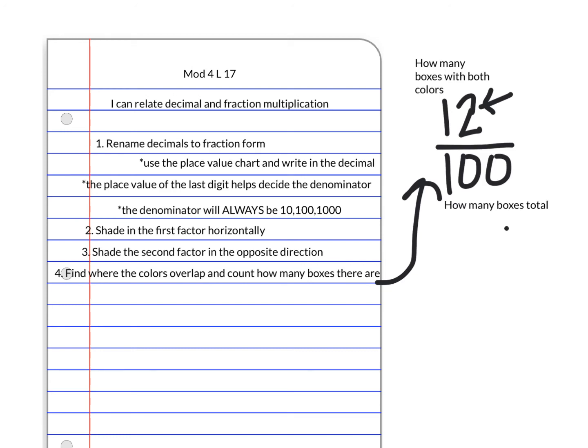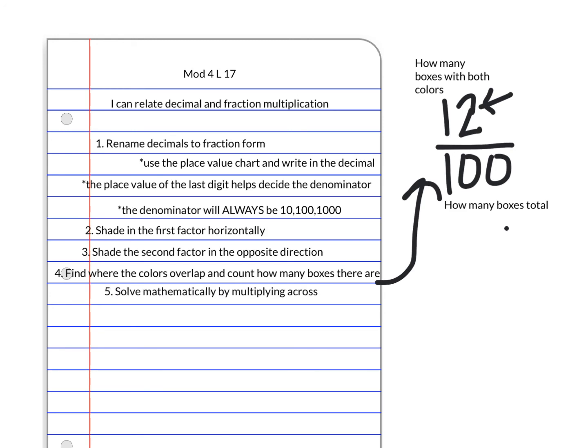So let's add this to our notes. Our numerator is how many boxes have both colors, so overlapping, not blue or red, overlapping. And our denominator is how many boxes total. Copy this down, play the video when you're ready.